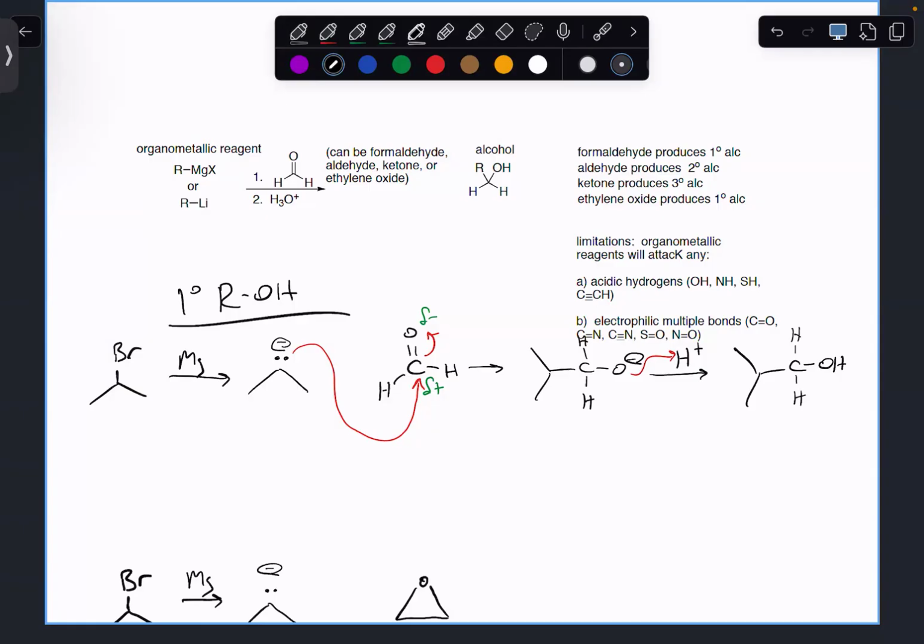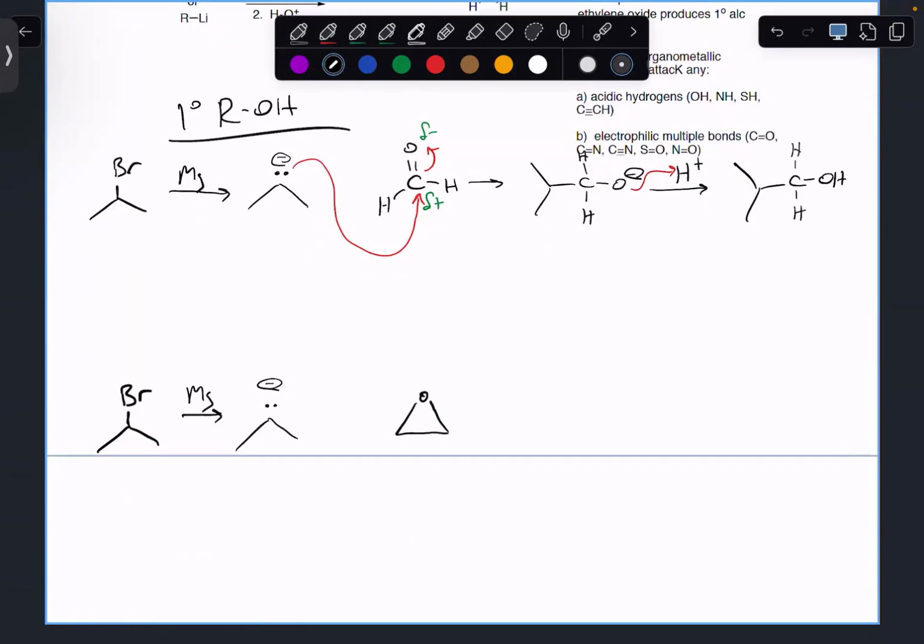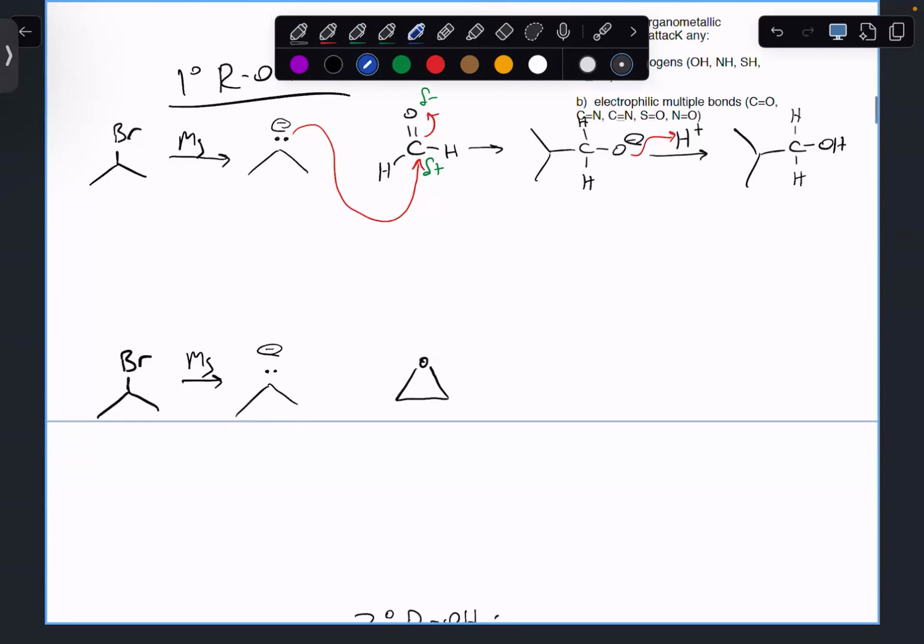Now, there is another way of getting a primary alcohol. The other way is by adding the Grignard reagent to this thing. Kind of a weird looking thing. A three-membered cyclic ether. It goes by a few names.